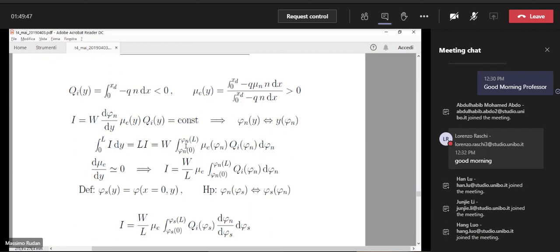Now we change the variable again. Why? Because it is more convenient to consider, instead of the quasi-Fermi potential, the surface potential. We already defined the surface potential in the MOS capacitor. It is the potential at x equal to 0.